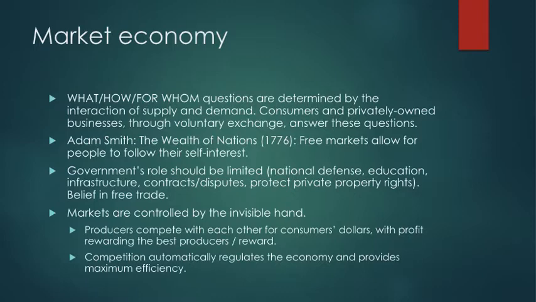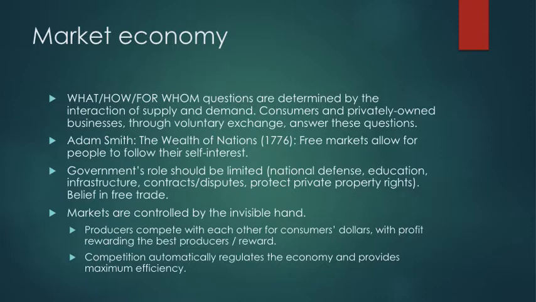And so us all acting in our own self-interest and then voluntarily exchanging from our excess doesn't just benefit us. The butcher doesn't just benefit from cutting meat and making a profit from it. The baker doesn't just benefit from making bread and making a profit from selling the bread.